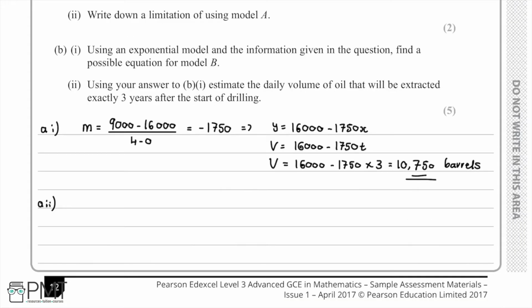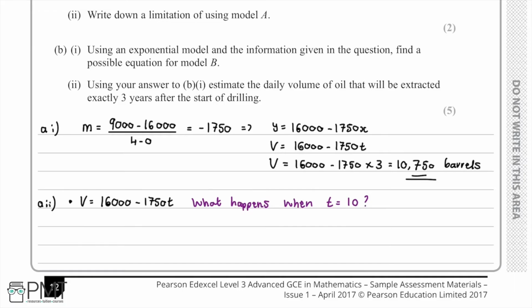Now for question A part 2, we're asked to write down a limitation of using Model A. So one thing that you may notice, we have our equation, v is equal to 16,000 minus 1,750t. So we're going to have a look at what happens when t is equal to 10.